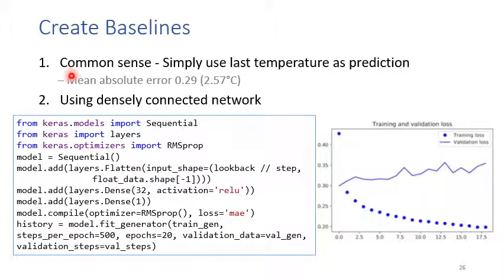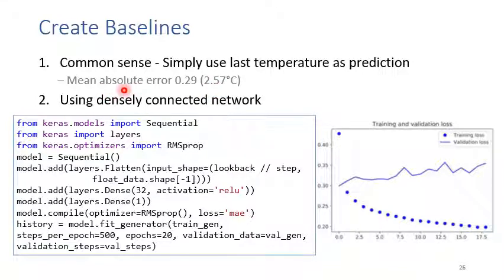Okay, the first baseline is the common sense baseline. We simply use the temperature as the prediction, which means we simply use the temperature today to predict the temperature tomorrow. And surprisingly, the performance of this baseline is not bad.